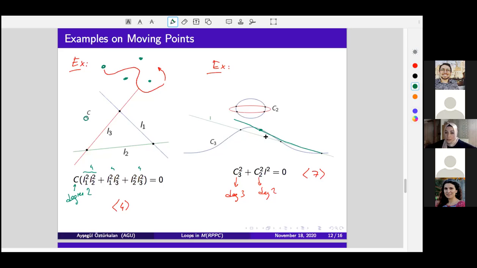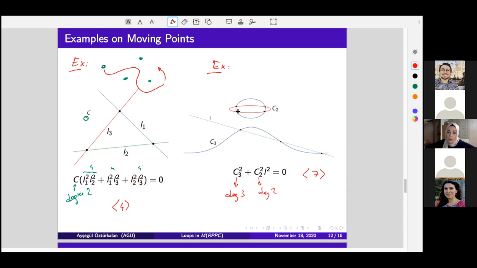Since this is degree 3, at some point it will have tangency, and I cannot move this line keeping 3 points intersection. Okay, another way to think, can I move this oval?